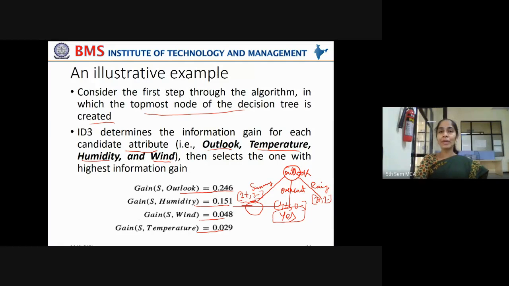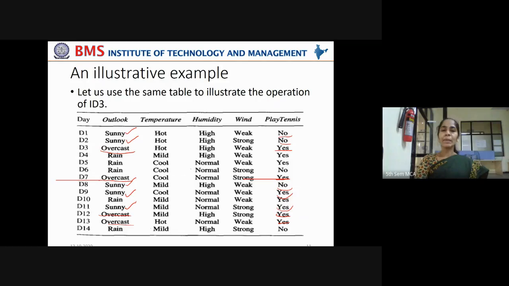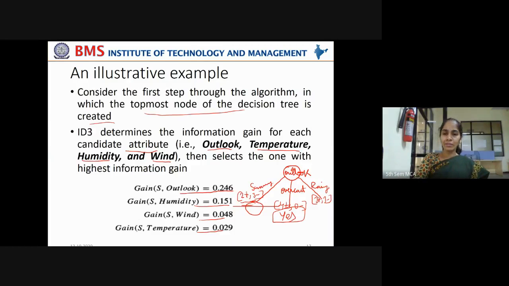Now, how should the tree be extended? Again, the information gain of the remaining attributes has to be calculated. When the outlook is sunny, you have 3 possible options. What is the temperature value? What is the humidity value? And what is the wind value? So that has to be calculated.